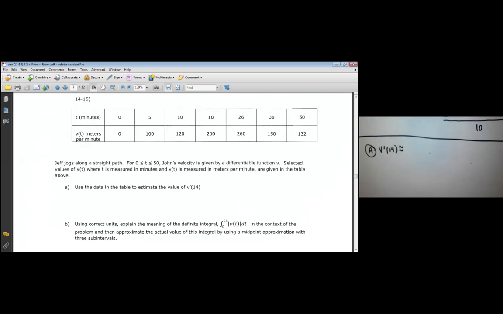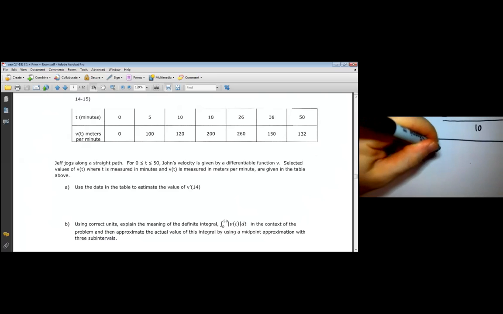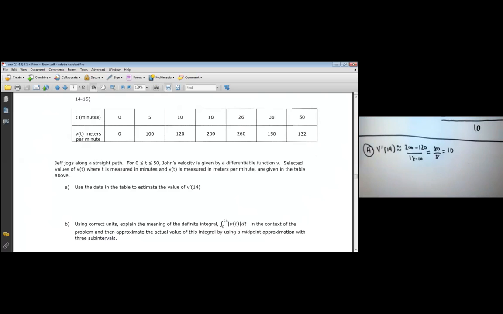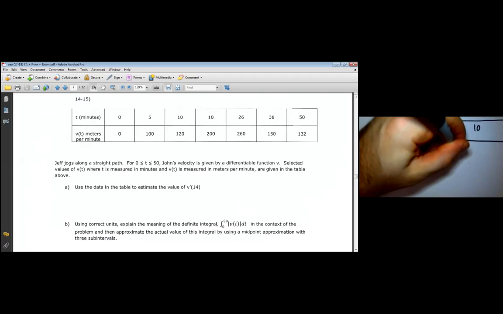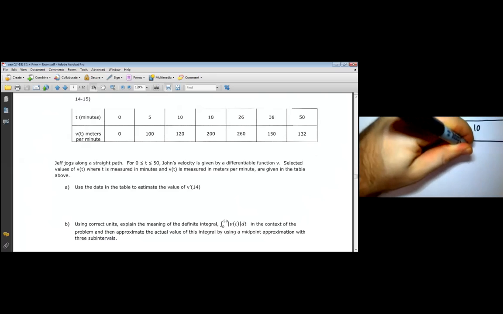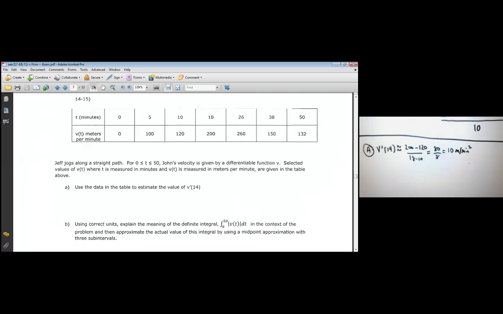It's between 10 and 18. So I'm going to go with 200 minus 120 over 18 minus 10 gives me 80 over 8 gives me 10. And what are we talking about here? Meters per minute. So this is meters per minute squared because we went up one derivative.